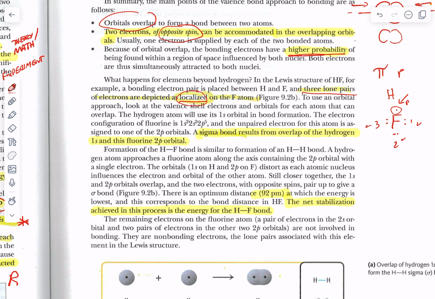So this one can be delocalized, and then these are localized. I don't know if you like that language or not, but that's the language that's used. So a sigma bond, again a single covalent bond, results from the overlap of the hydrogen 1s and the fluorine 2p orbital in the hydrogen fluoride molecule.